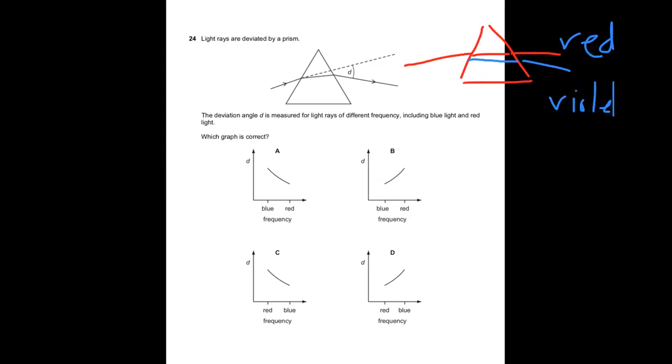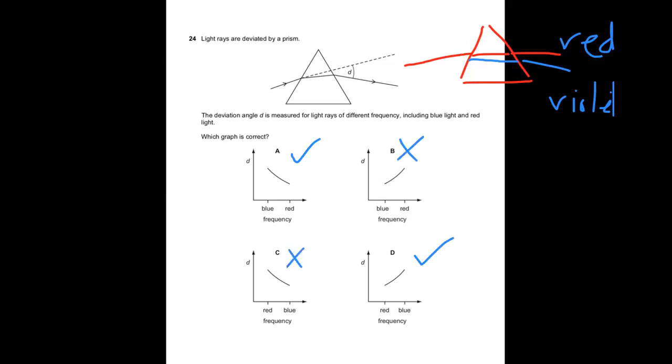So this means that the angle of deviation of red is minimum and of violet is maximum. So the angle D should be minimum for red in the four options. Red has a minimum angle in option A and option D. So B and C are wrong.